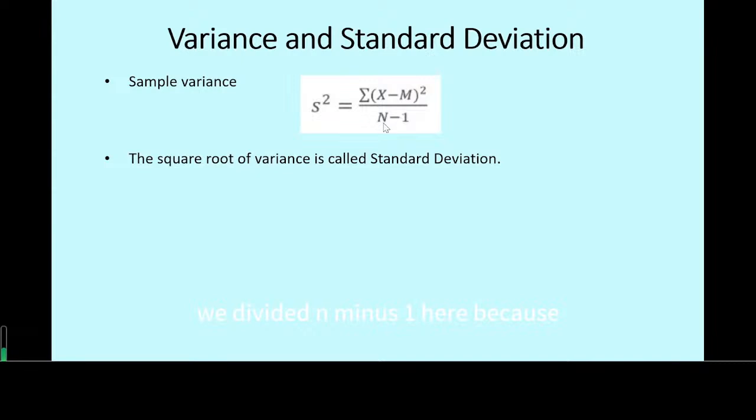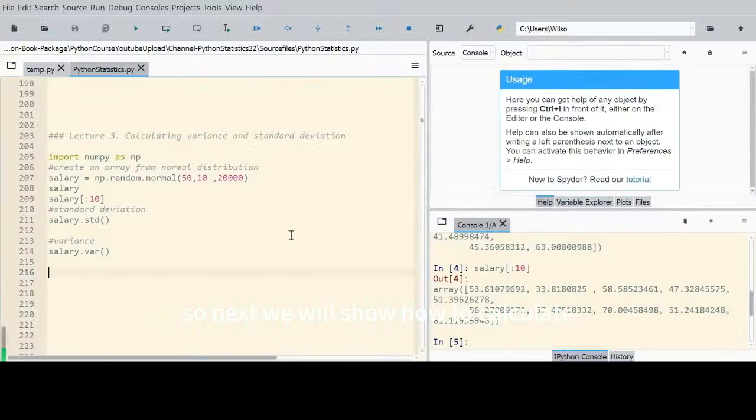We divide by n-1 here because in the sample variance, 1 degree of freedom is lost by calculating the mean value. Then for the sample variance s squared, we take a square root, then we'll get standard deviation. So next we will show how to calculate these two in Python.